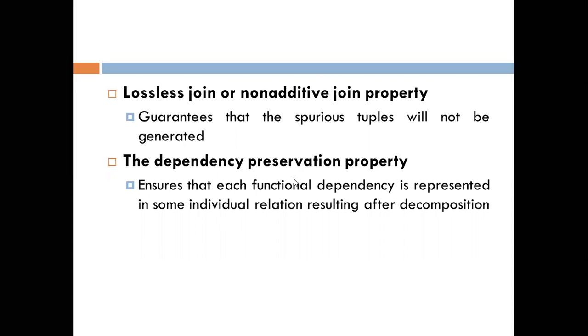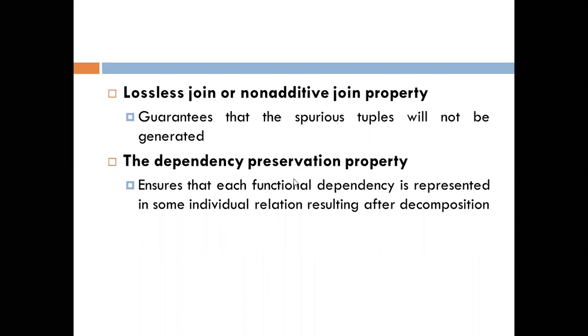Again, the second property that normalization should follow is the dependency preservation property. This ensures that each functional dependency represented in a relation is maintained after the decomposition. So that also should be taken care of. When we divide a table, two things should be taken care of.